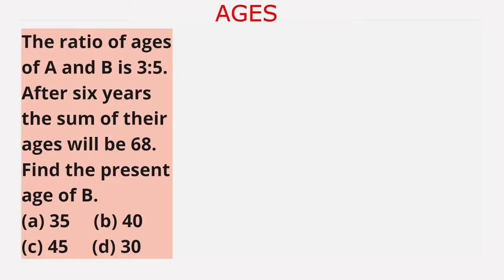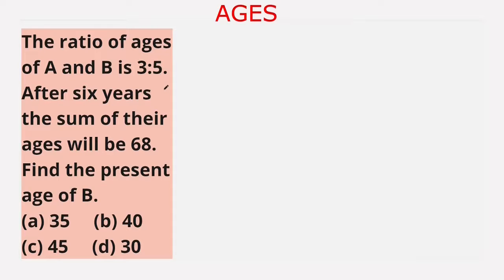The sum of the ages after 6 years is 68. So we have to subtract 12 from 68. 6 for the age of A and 6 for the age of B. And if we subtract 12 from 68, we get 56. And 56 when divided by 3 plus 5, which is 8, we get 7.